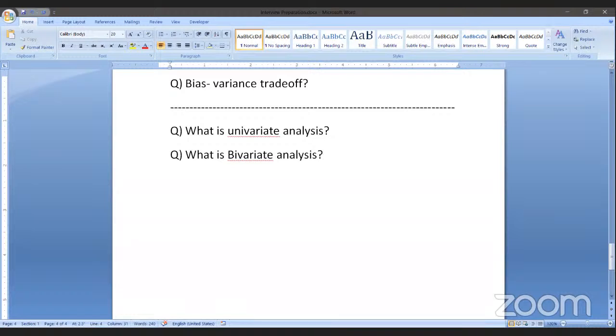So this is before modeling. So univariate analysis, you can say it allows us to understand the patterns and trends in the data.